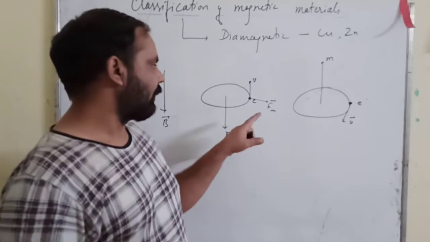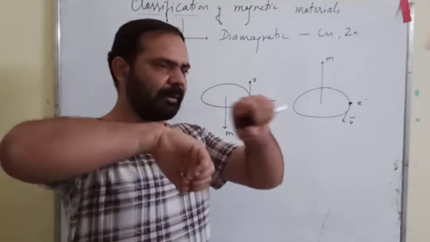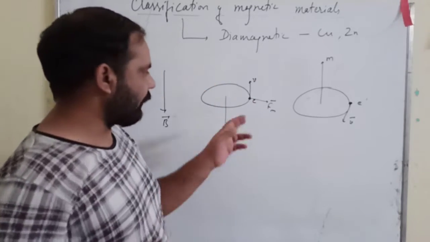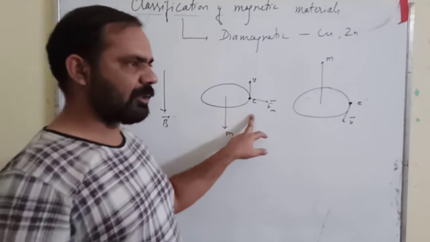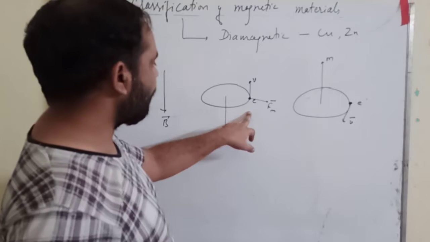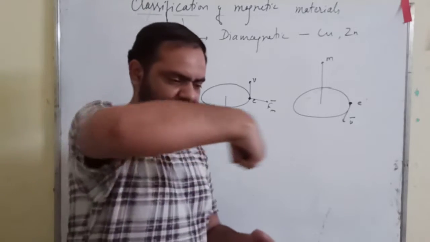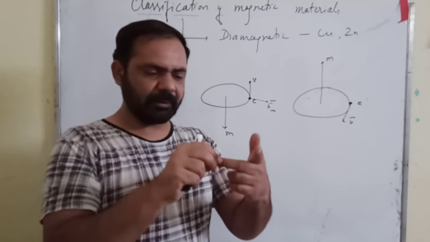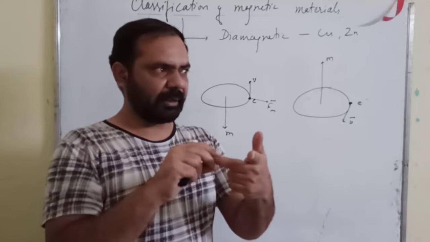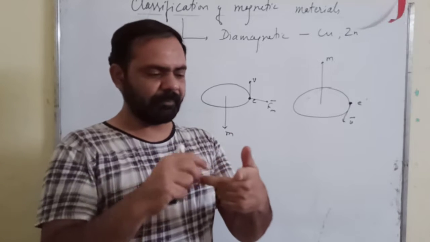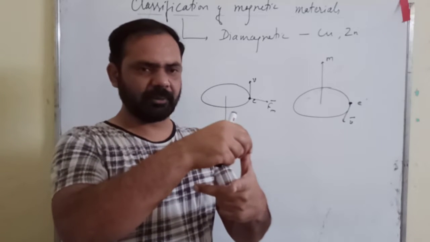Suppose the electron is revolving like this, this way. So we can obtain this by Fleming's left hand rule also. That electron is moving in, suppose, this direction, anti-clockwise. So this is the field, this is the current, and the current direction will be opposite to the direction of the electron, and this is the direction of force.